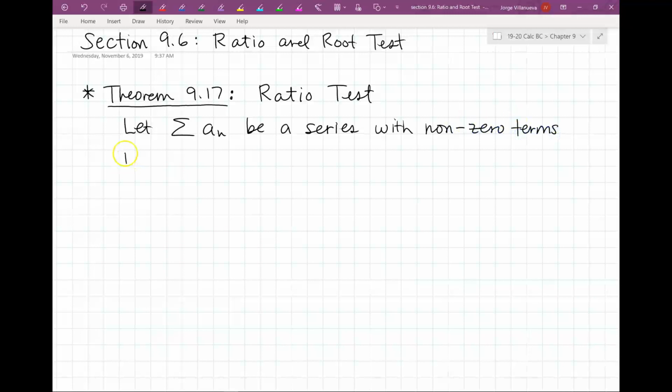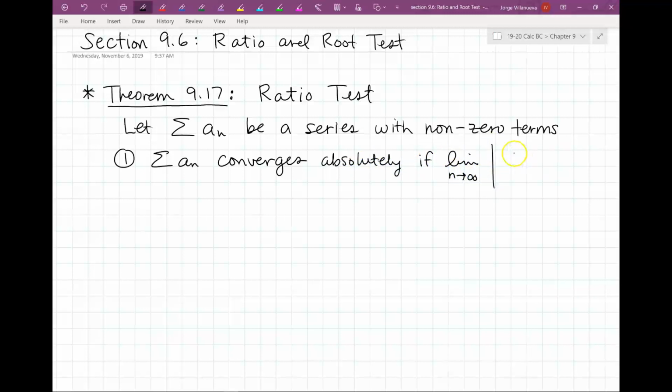And there's three things that could happen. First one, the series A sub n converges, actually converges absolutely, if the limit as n approaches infinity of the absolute value of A sub n plus 1 over A sub n is less than 1.